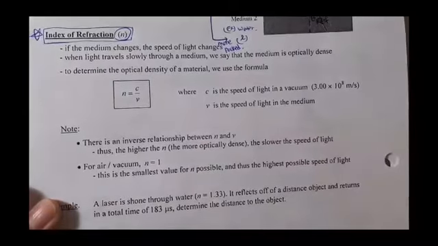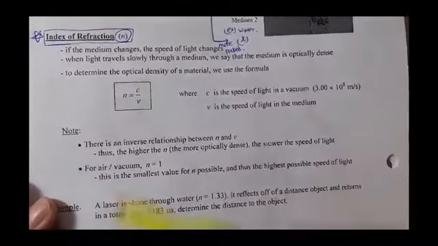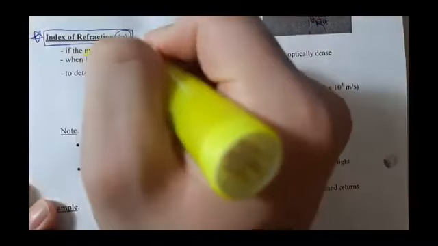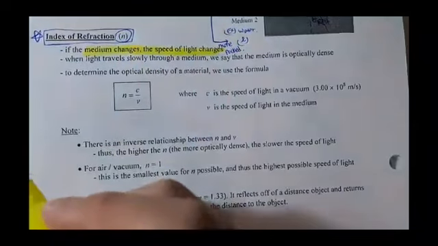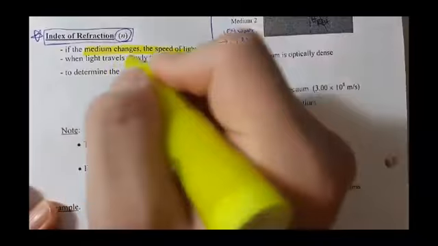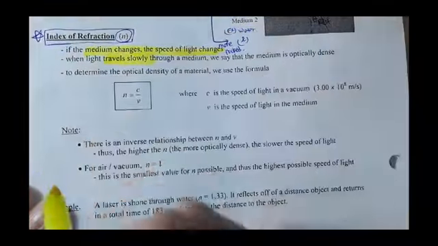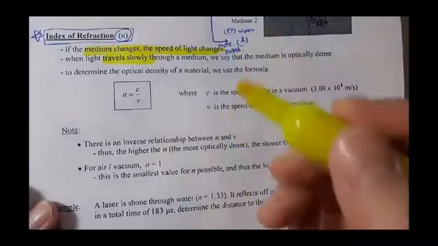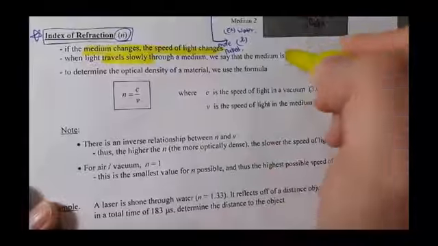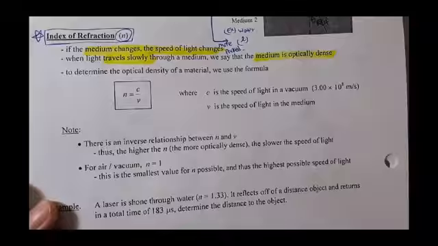So if the medium changes, the speed of the wave changes, in this case light. When light travels slowly through a medium, a packed medium I like to say, like liquid and solid, we say that medium is optically dense.